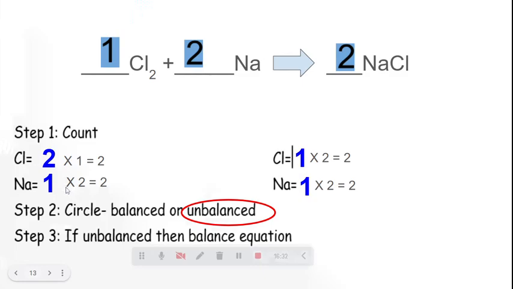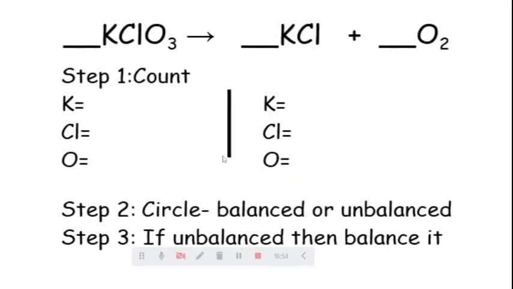In order to fix it, I put a 2 in front, and then I'm going to put a 1 right here because now I have 2 and 2 and 2 and 2, and everything is now balanced. So whatever I do, if I'm fixing it on this side, I need to make sure that at the end it balances on this side. We're going to do some more problems. So let's look at the next one.